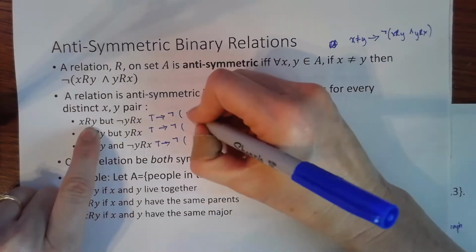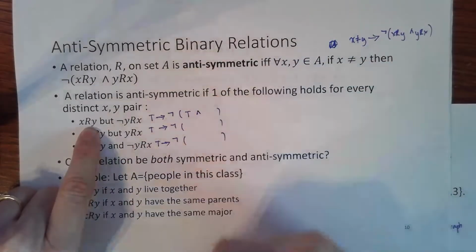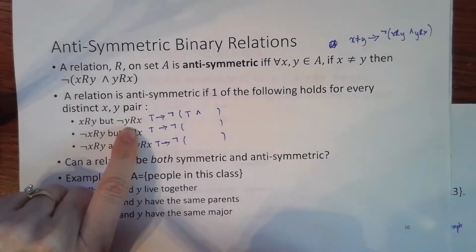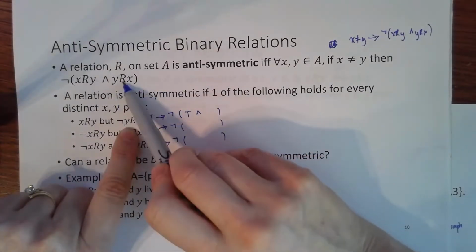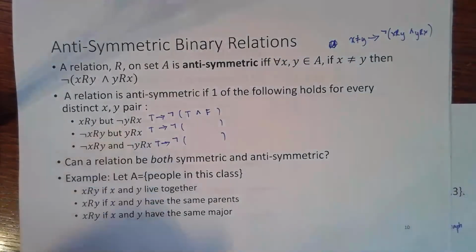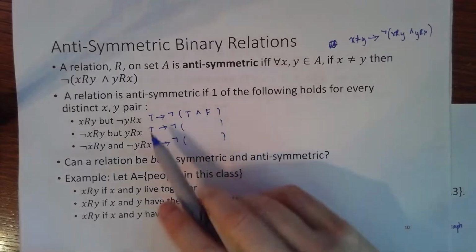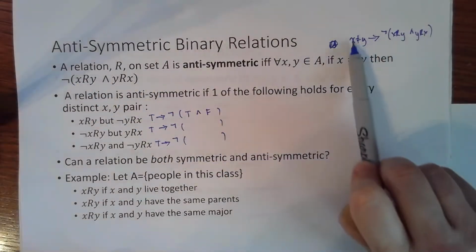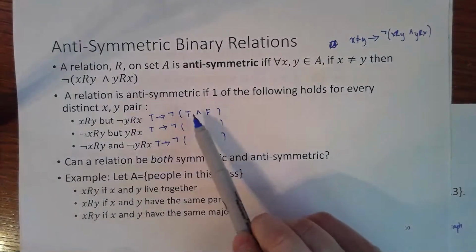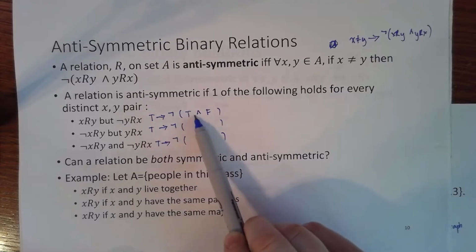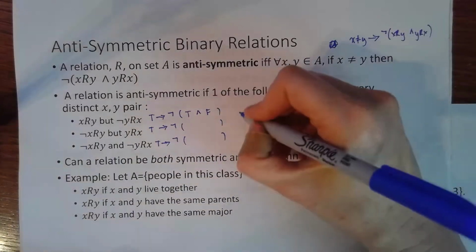That one is true, but y is not related to x, so this one would be false. I'm just looking at the truth value of this right here. True and false is false, not false is true, I get true implies true. This one will give me true.